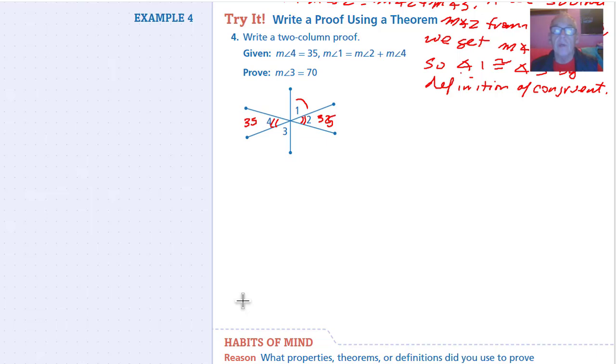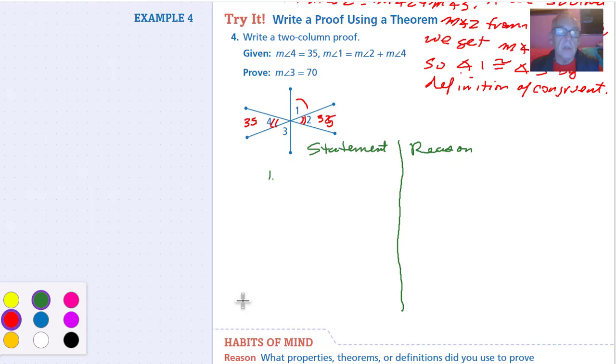So let's see what we can do with that. And this is supposed to be a 2-column proof. So that means we need to have a statement, reason, column. And we're going to supply the steps.